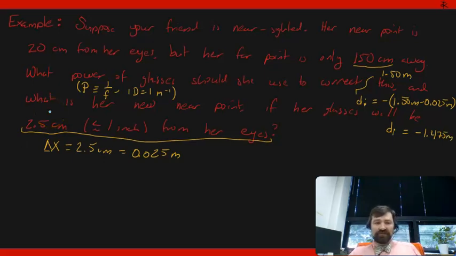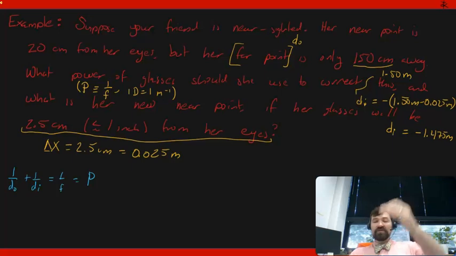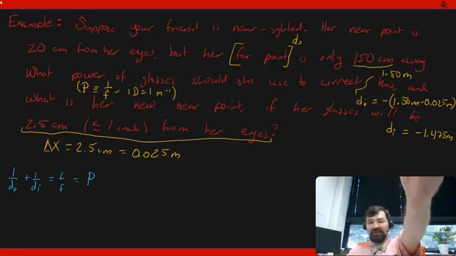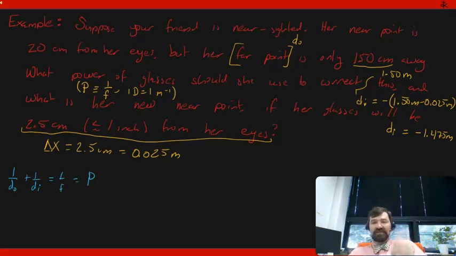Now we can proceed with the problem itself. 1 over dO plus 1 over di is equal to 1 over f, or is equal to the power. We didn't specify what dO is. Well, we're looking for the far point. So basically what we're trying to do is take something that is infinitely far away and image it so that it's 1.5 meters from her eyes.